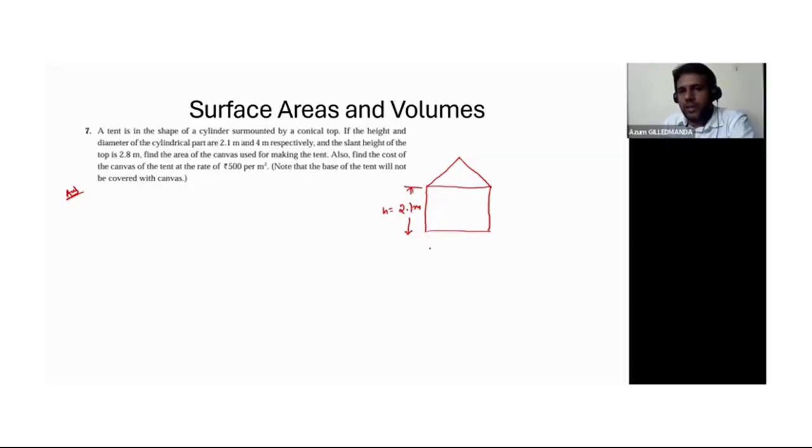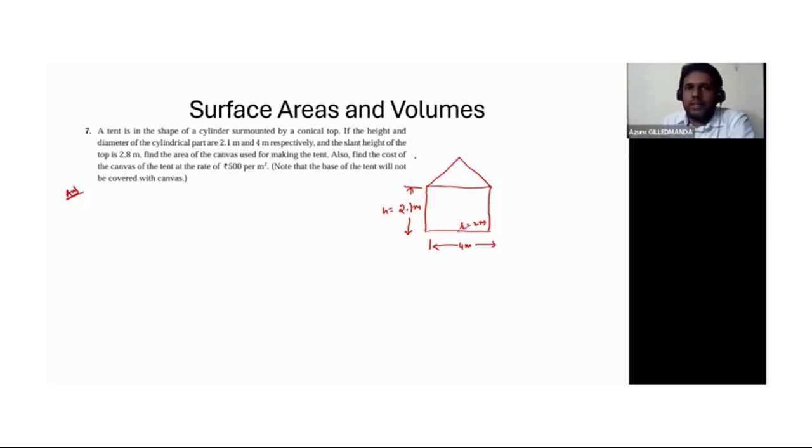So this is 4 meters, that means r is equal to 2 meters. Understood? So the radius is 2 meters. The given data, you need to put that into a diagram with the required height and radius. That is very important.